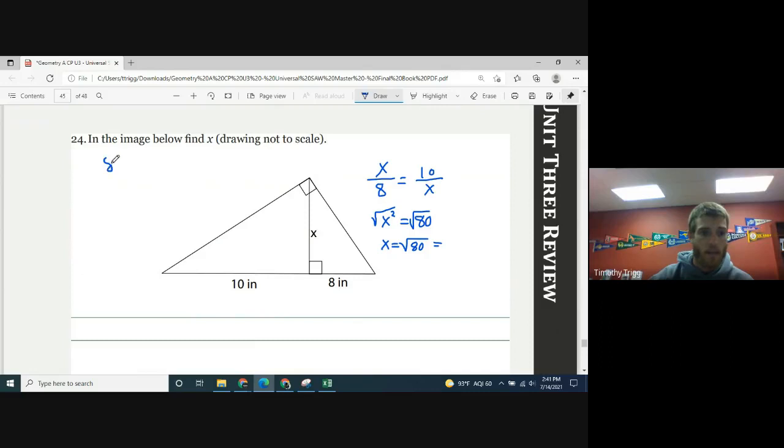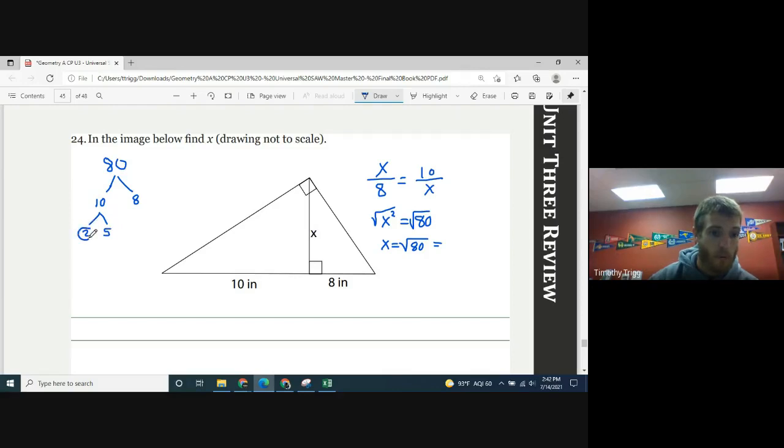So when we do 80, we could say, okay, well, that's 10 times 8. Now, I used 10 times 8, but if you did something different, like 4 times 20 or something like that, as long as it equals back to 80, and you just continue breaking it down, you should get the correct prime factors. 10 does break down to 2 times 5.